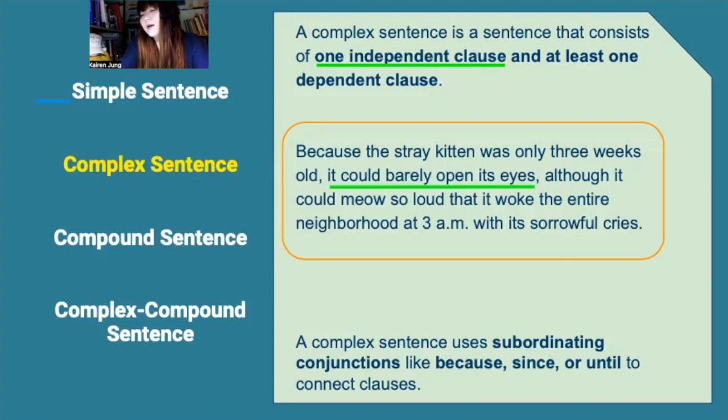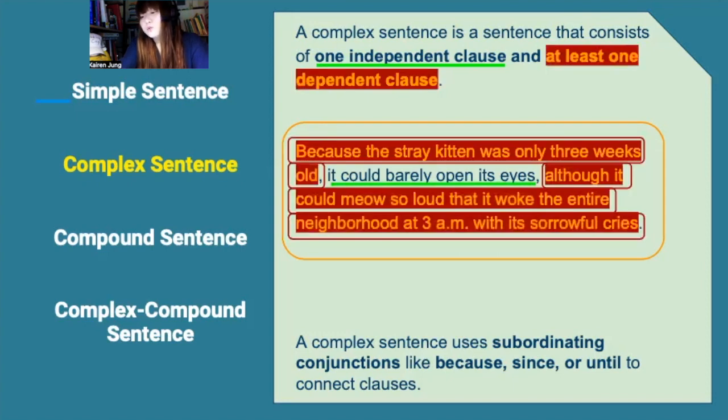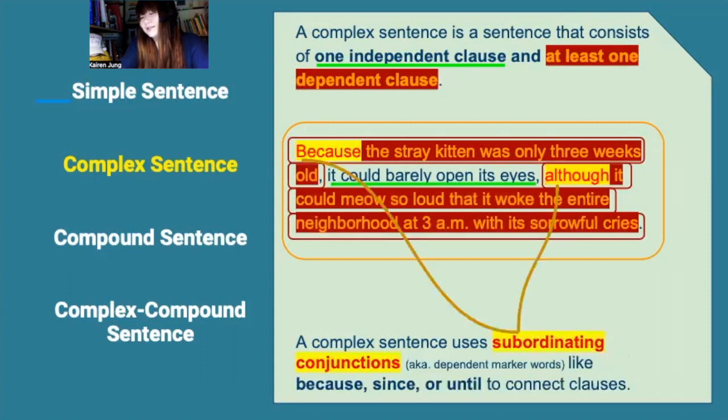Structurally, keep in mind that a complex sentence uses subordinating conjunctions like because, since, or until to connect clauses. Here we see that there are 2 dependent clauses within this single sentence, one before and one after the independent clause. And sure enough, each dependent clause starts with the subordinating conjunction, also known as a dependent marker word.